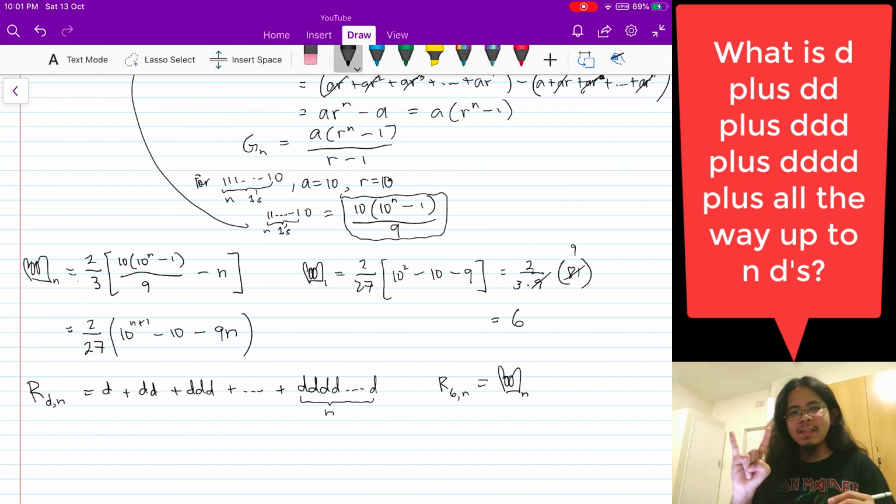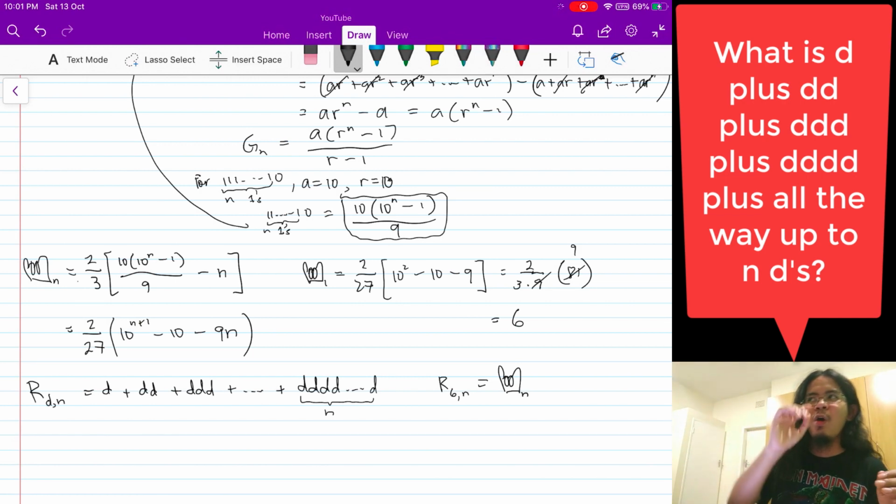So our metal sum is just a special case of our repeated sum for the case where the digit is equal to 6, but we can pick anything else between 1 to 9. Don't pick 0, 0 will be trivial. So we pick anything between 1 to 9, you have R sub d, n.